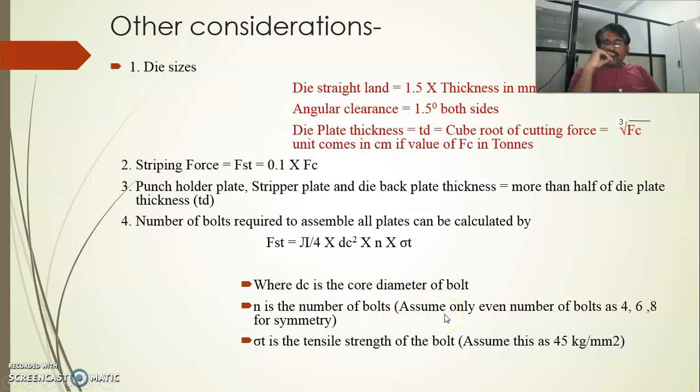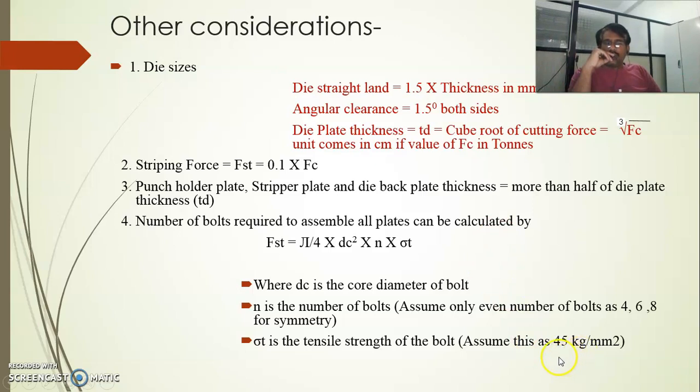Here, while solving the problem, we have to assume the number of bolts in even numbers as 4, 6 or 8 likewise. Then sigma T, that is the tensile strength of the bolt, in the numericals you have to assume again, if it is not given, as 45 kg per mm square.